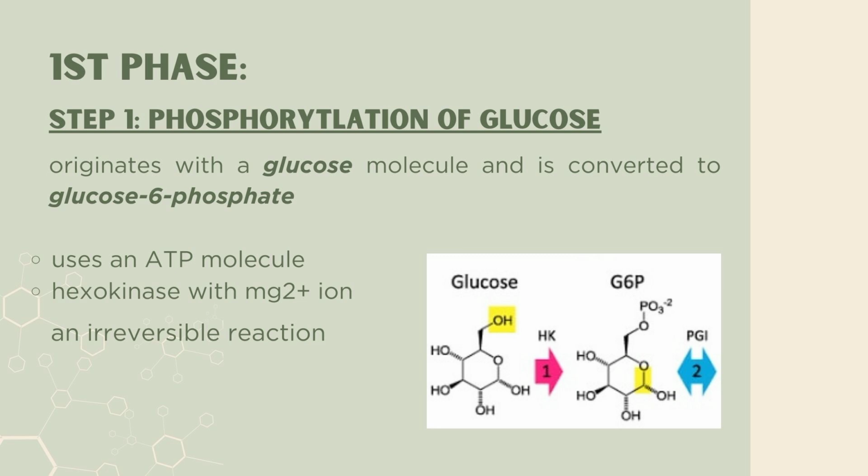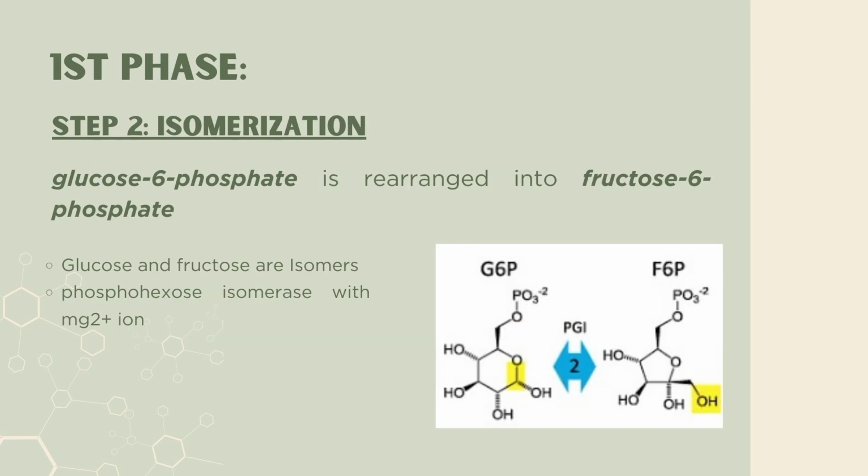The hydroxyl group from the glucose molecule is replaced with a phosphate group coming from an ATP molecule, which loses a phosphate group and transforms into ADP, with the help of the enzyme hexokinase, which catalyzes the reaction along with the magnesium 2+ ion. The phosphate group is attached to carbon 6, and the product is named glucose 6-phosphate through the process of phosphorylation. In relation to the delta G value, it is an irreversible reaction, thus it cannot be undone.